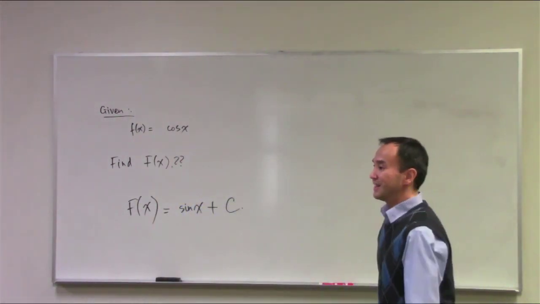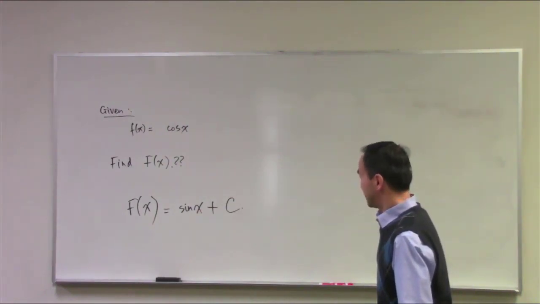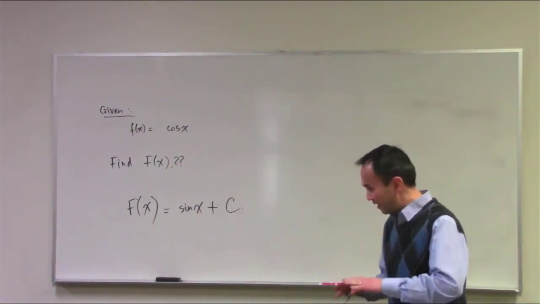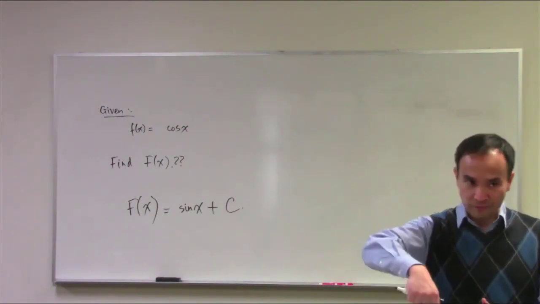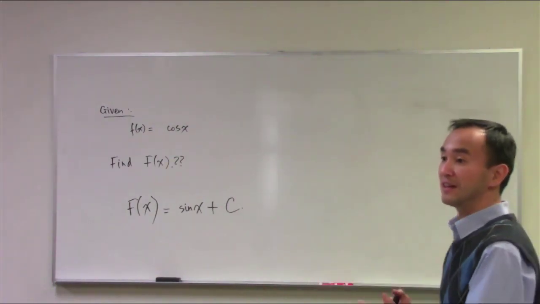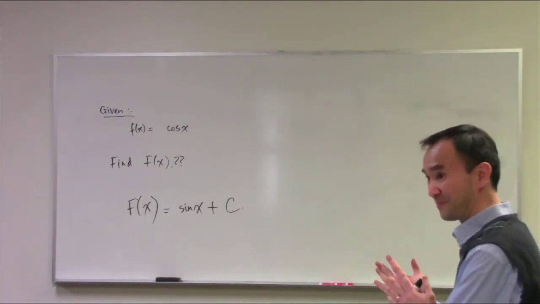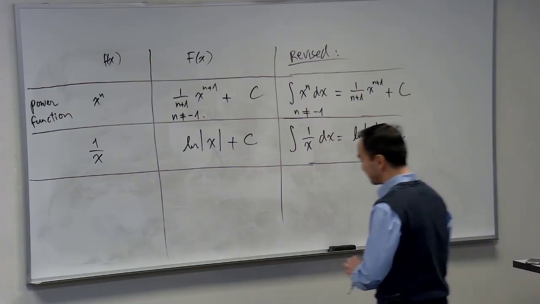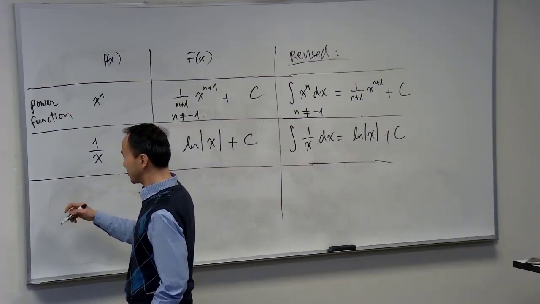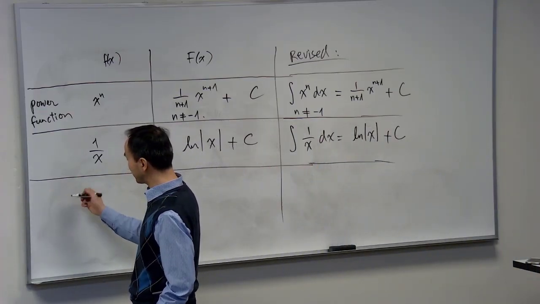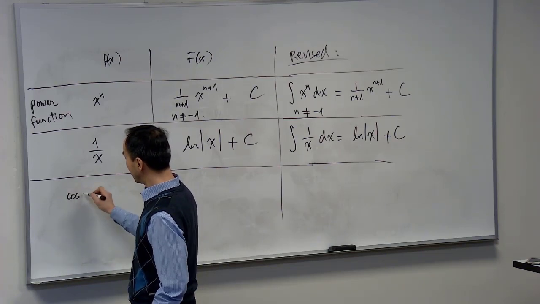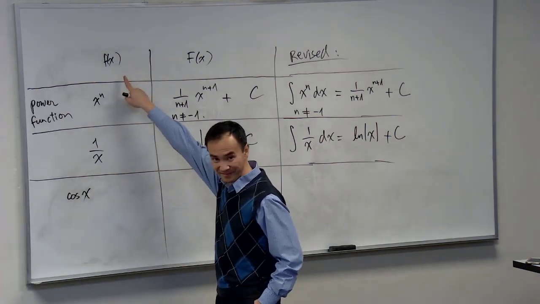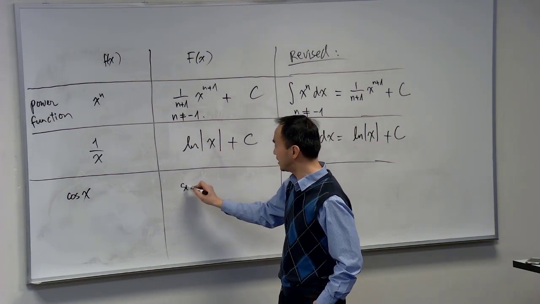Sound good? My intention here is to remind you guys that a lot of these problems we have to base on our previous learning, from our previous understanding from Calculus 1. So I'm going to come back to this table and fill in that rule. For the function here, along the trig function family, if you have cosine of x as the derivative, the antiderivative comes out as positive sine of x.